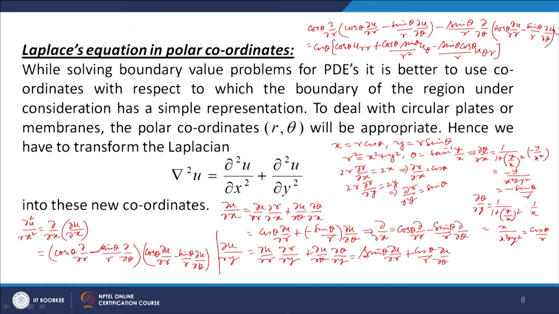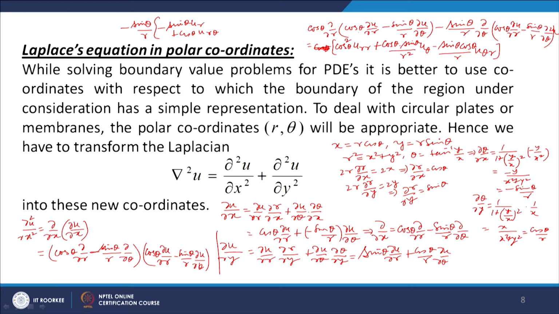And similarly, we can find the other expression, minus sin θ over r times, when we differentiate with respect to θ. So, the derivative of cos θ is minus sin θ. So, we get minus sin θ u_r, then we have cos θ times u_rθ, and so we have differentiated this term. Now I have multiplied cos θ inside; this cos θ has to be multiplied inside here, cos²θ it should be actually.